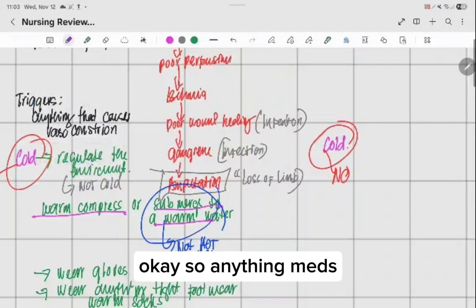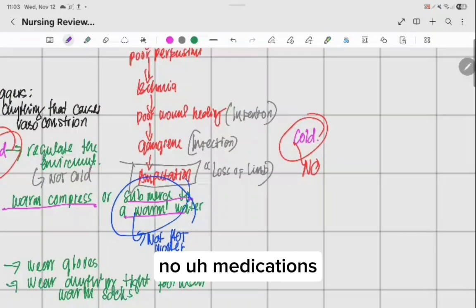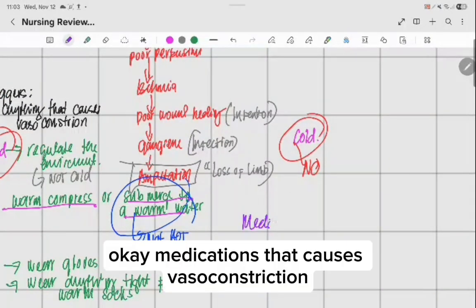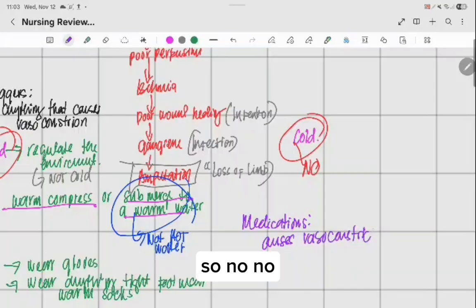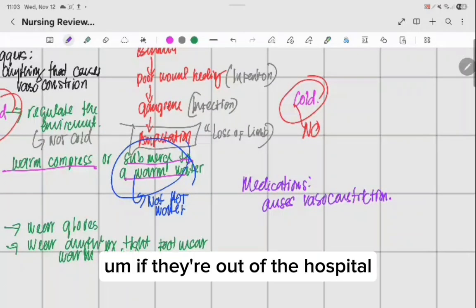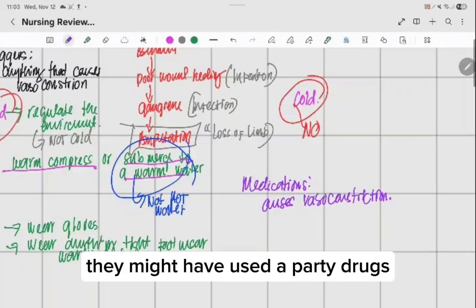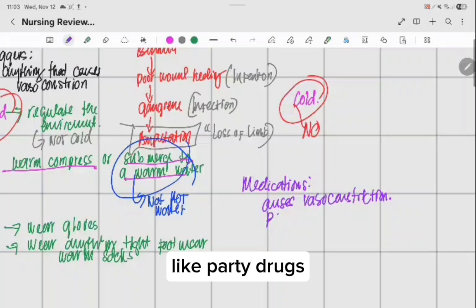Okay, so medications that cause vasoconstriction. Okay, anything meds that cause vasoconstriction. So this is a no. If they're out of the hospital, they might have used party drugs.